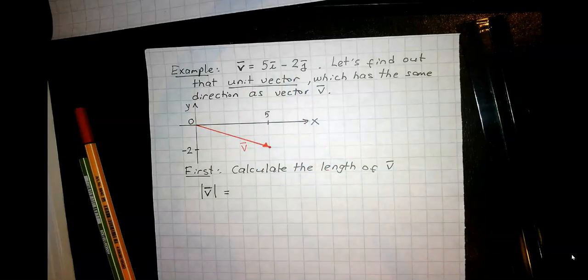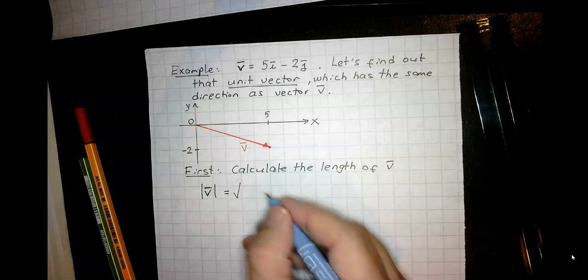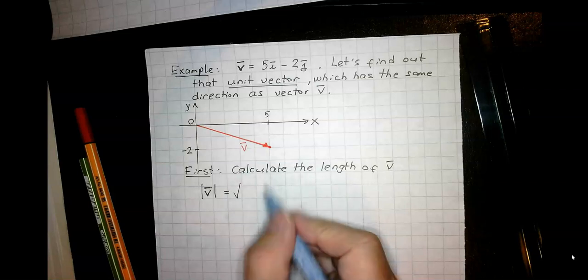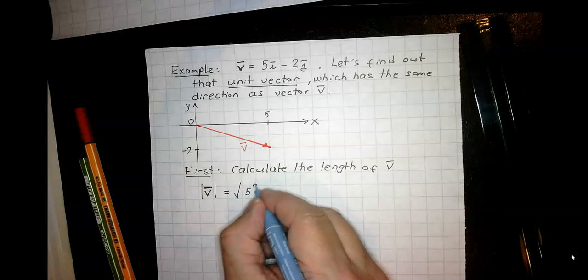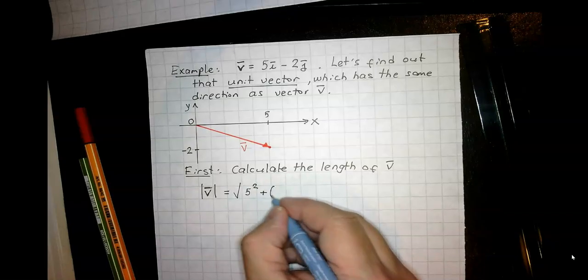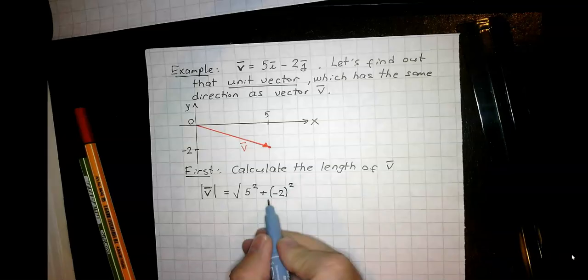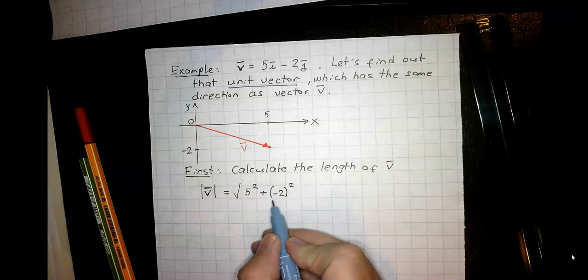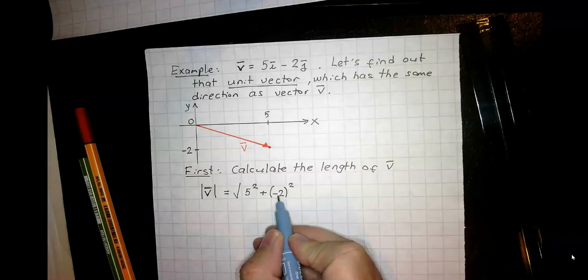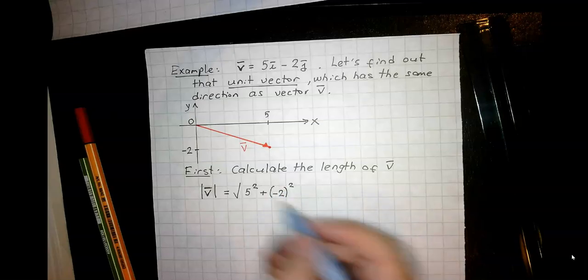And with the help of Pythagorean theorem, we may calculate the length of this vector by squaring: 5 squared plus (-2) squared. Here we have to use the brackets because we have this negative number there, and it has to be squared, so we need those brackets there.